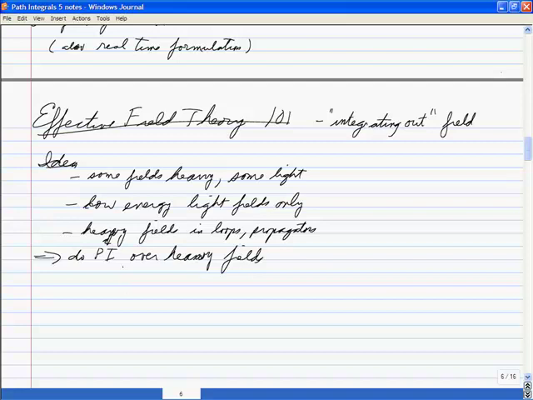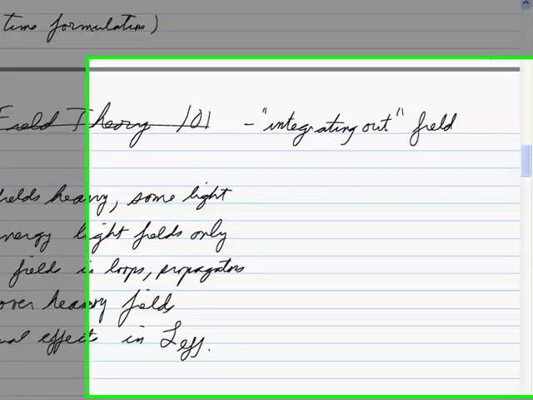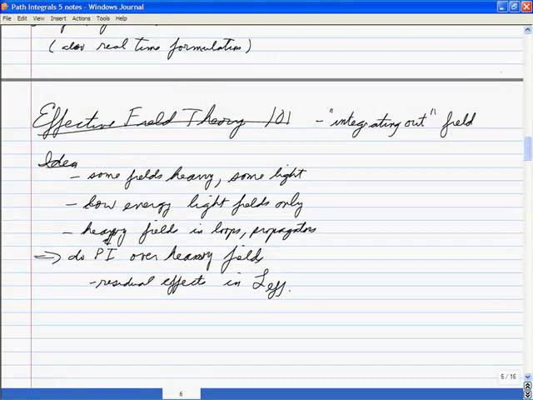But there's some residual effects in an effective Lagrangian. And then, having done that, you've still got all these light fields around, and you do field theory with the light fields.